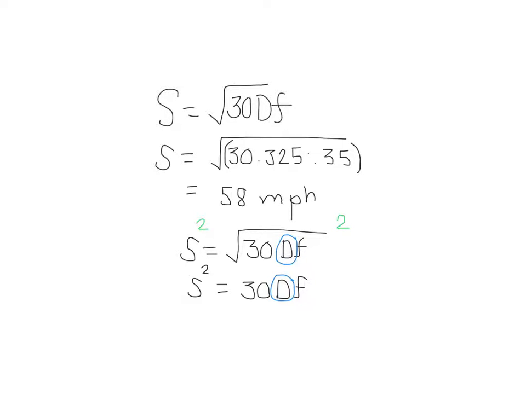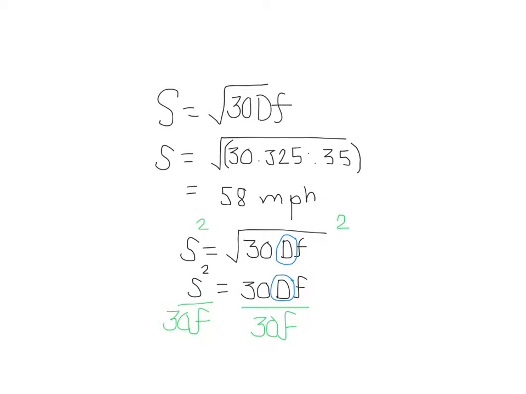Well, it's being multiplied by 30F. Therefore, the way we undo multiplication is by using its opposite operation, which is division. So we're going to divide by 30F on both sides, of course, of our equal sign.